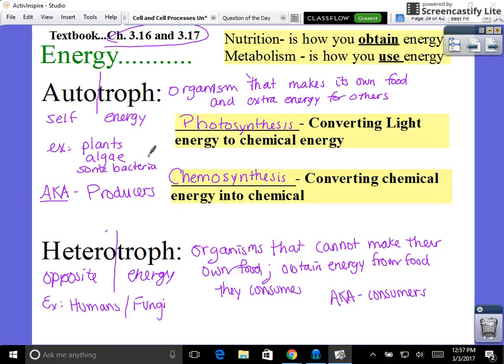Some examples of organisms that are autotrophs are plants, algae, and even some bacteria.